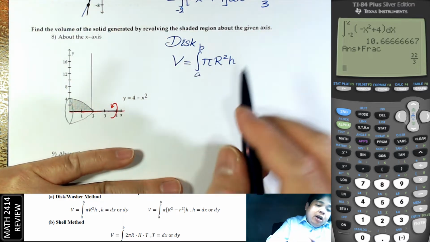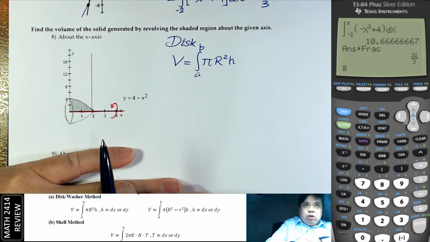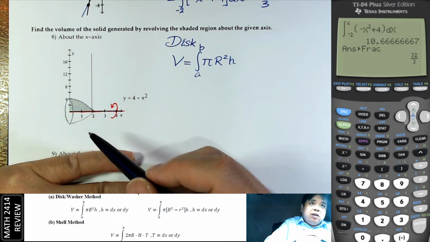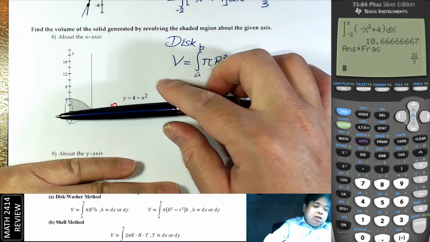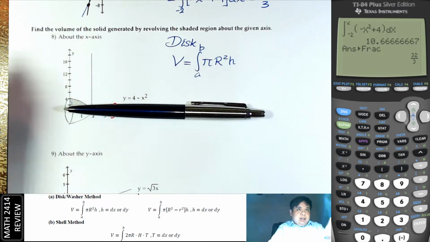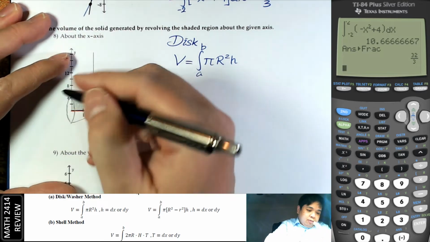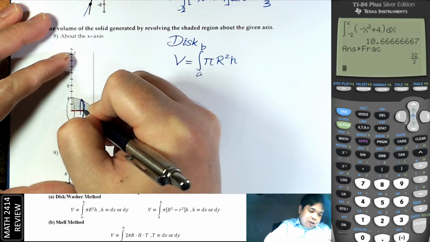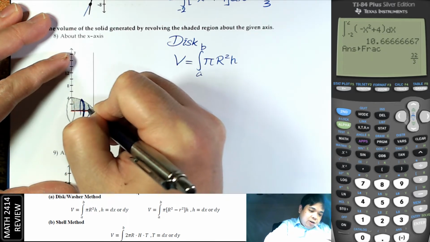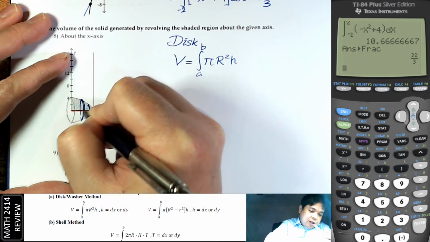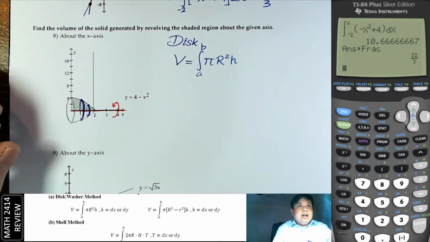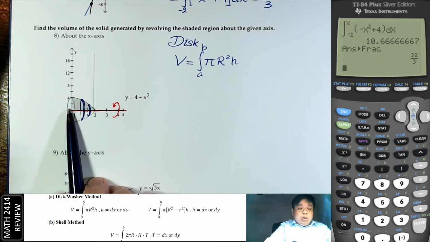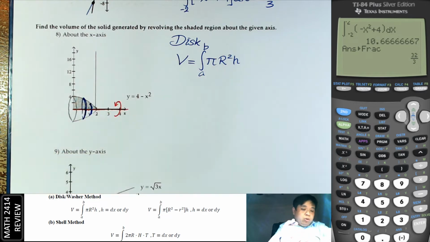Now, the h, we need to determine if it is dx or dy. Now, if it rotates like this around the axis of rotation, if we stack the disks, the disk will look like this. And there's another disk. So the increment, the dx or dy here, should be parallel to the axis of rotation.